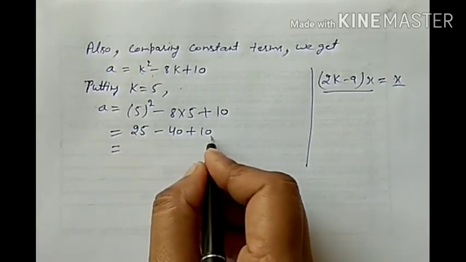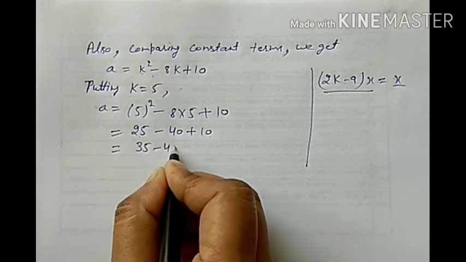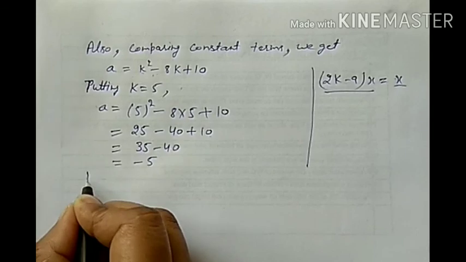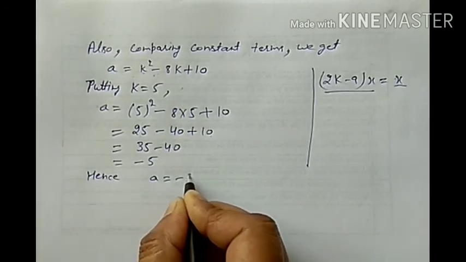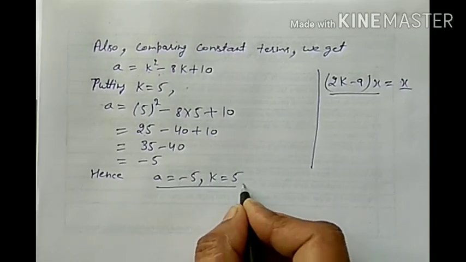Adding positive terms, we get 35 minus 40 is equal to minus 5. Hence, a is equal to minus 5 and k is equal to 5. This is your required answer.